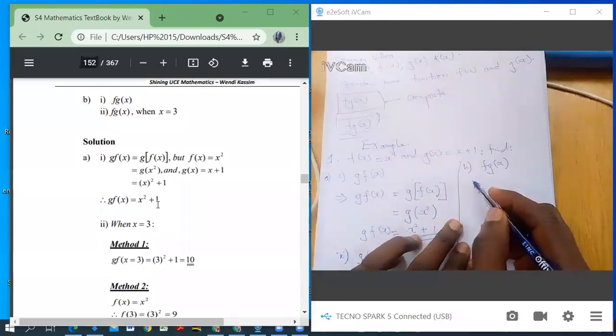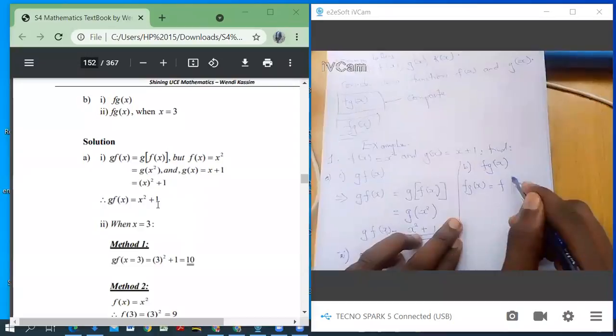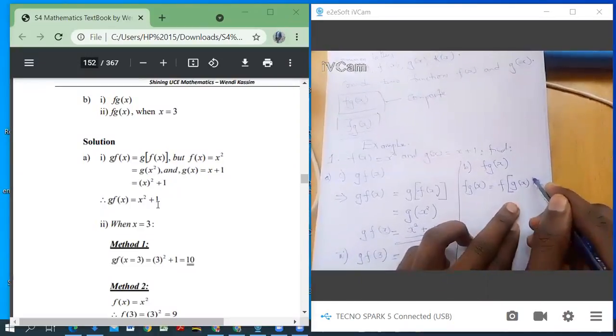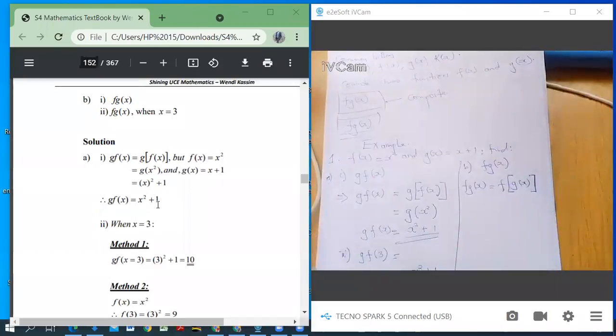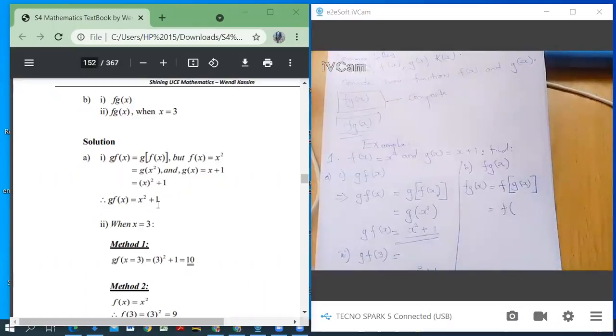So when we are writing it, f g of x is equal to f, we open that bracket, then we put g of x. Are you seeing that? Good. After that, f into, then you ask yourself, what is g of x? g of x is x squared plus 1.